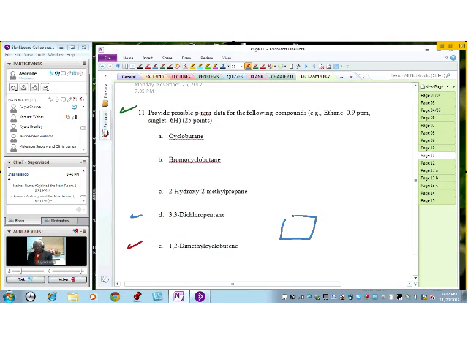Okay, what does that look like? 1,2-dimethyl cyclobutene. You also notice there, we are also testing your knowledge of nomenclature.